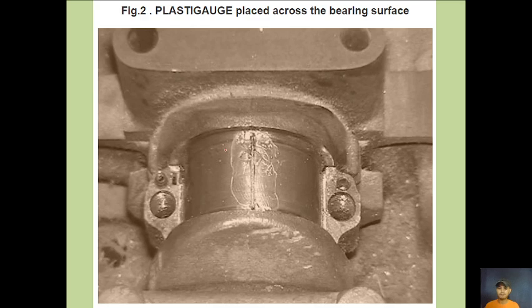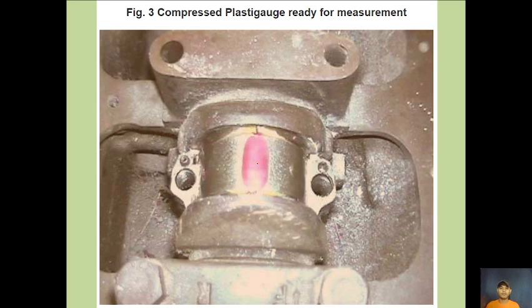So clean it first, and then place the plastic gauge across the bearing surface. You put that, and then put something like grease so that it will hold and will not move. Then put the bearing cap and lock it to the correct tightening measurement. After that you remove the bearing cap, and you will see that the plastic gauge is flat, compressed.